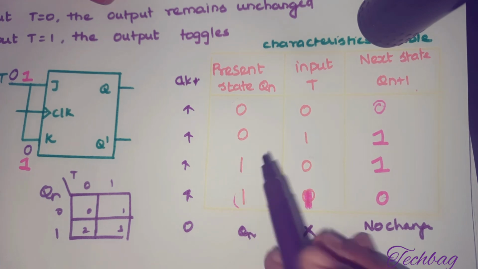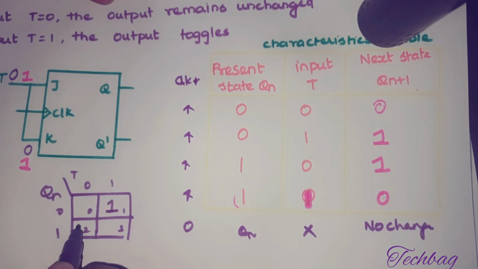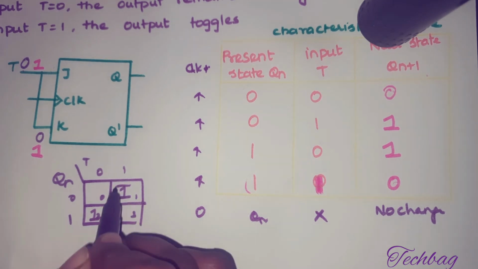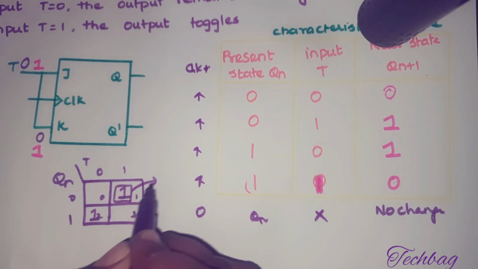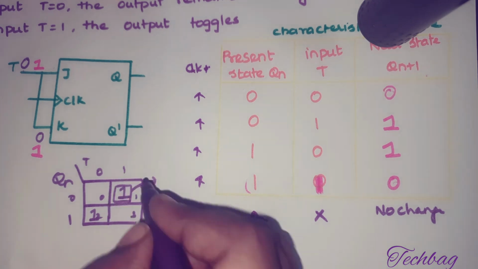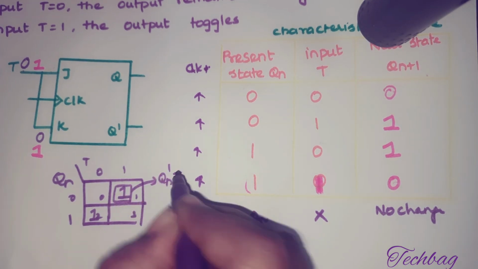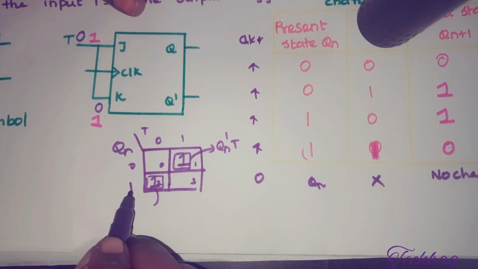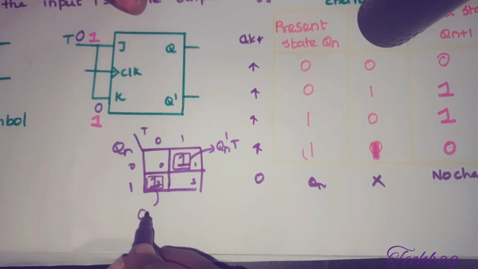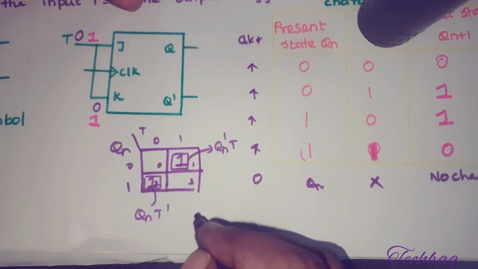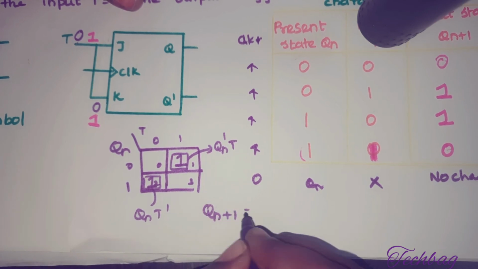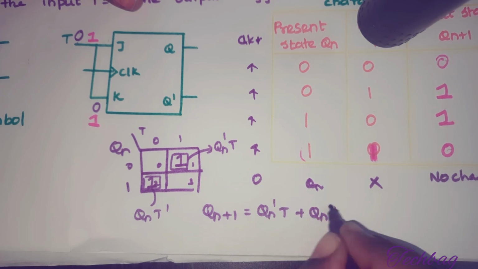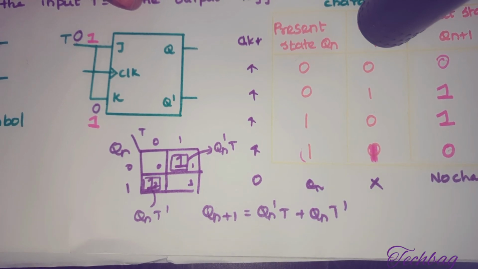So put 1 on those cells. There is no possibility of grouping. So you can take it as a single cell. And here the value is Q0, T1. So Qn dash T. And for this cell, Q1 and T is 0. So Qn T dash. So the equation Qn plus 1 is equal to Qn dash T plus Qn T dash. So this is the characteristic equation of T flip-flop.